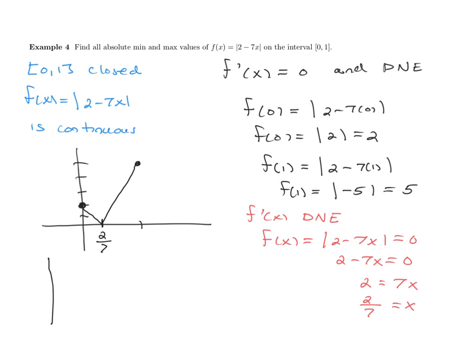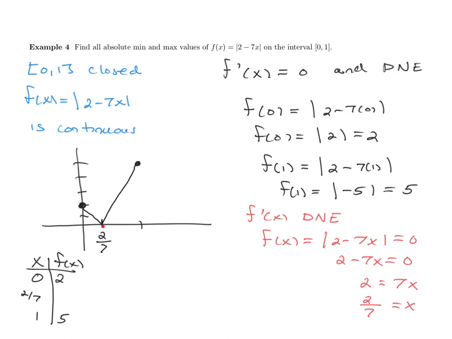So in a table of values, if you check the endpoints, as well as 2/7, between those three values, one has to be the smallest and one has to be the largest. Well, we already have all these values. The function at 0 is 2. The function at 1 is 5.